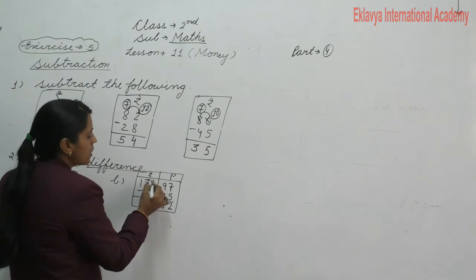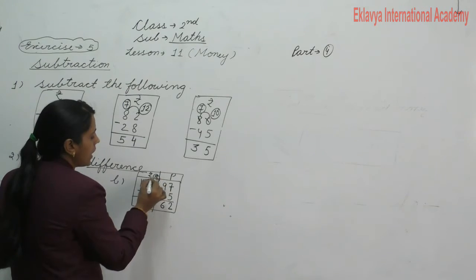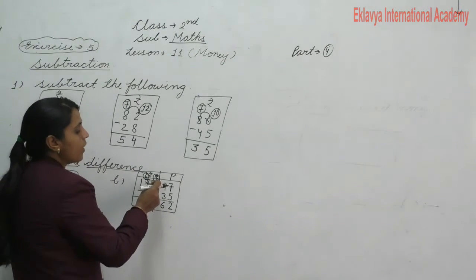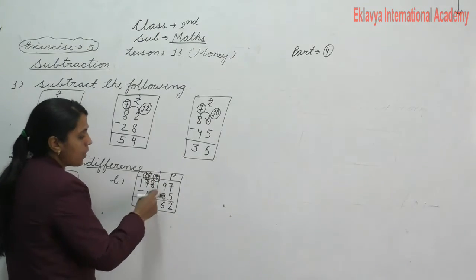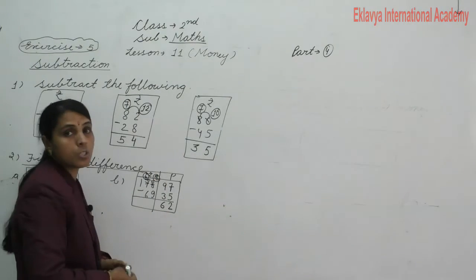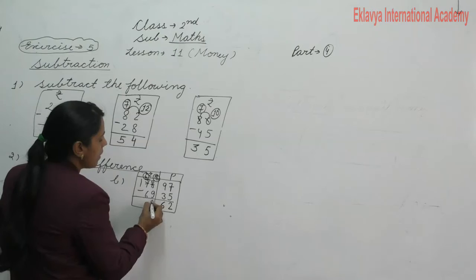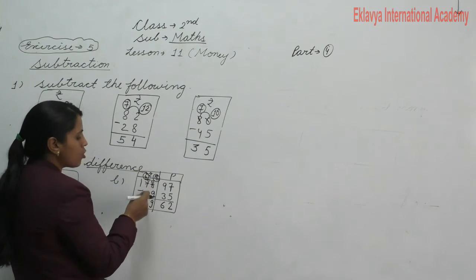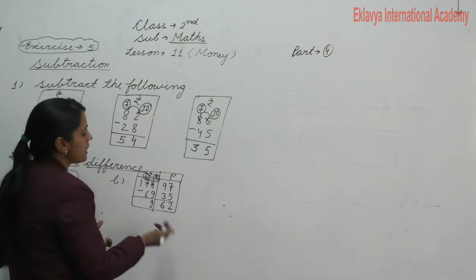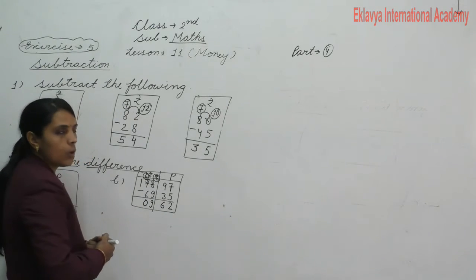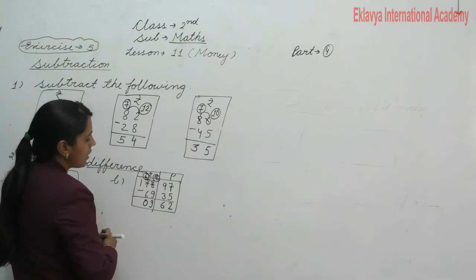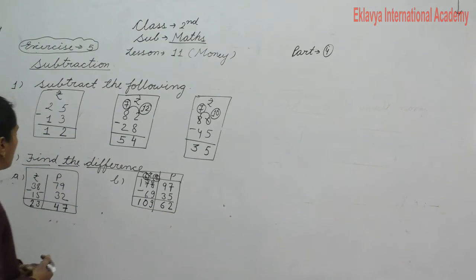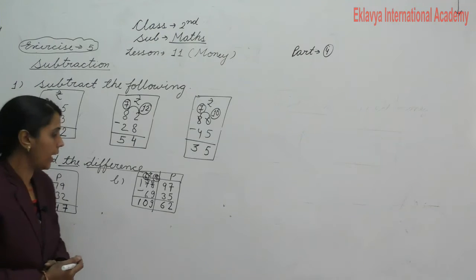We will take 1 rupee from the neighbor. You have 18 and your neighbor has 6. Now you have 18 rupees. If you want to spend 9 rupees from 18, you can spend easily. Now you have 9 rupees, and here you have 6 rupees and you want to spend 6 rupees. You can spend easily. So you have 0. Clear? This is your find the difference.